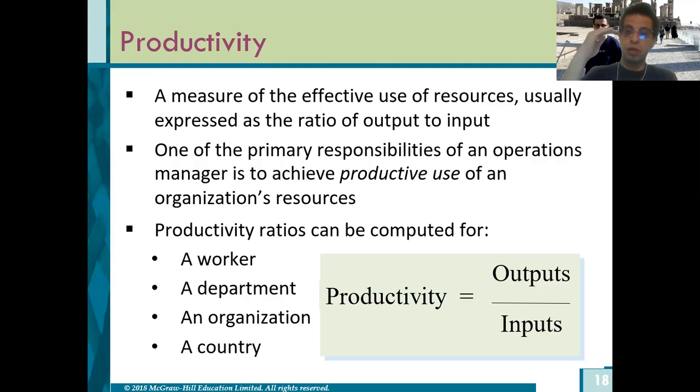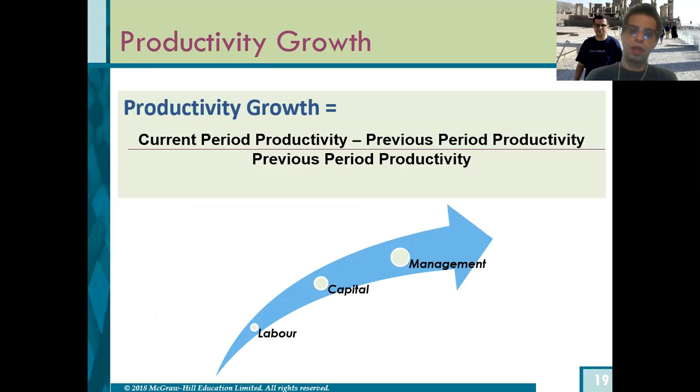But it's all about output divided by input. But then you can look at it, because the input also has breakdowns. The productivity growth is the current period productivity minus the previous period productivity, divided by the previous period productivity.